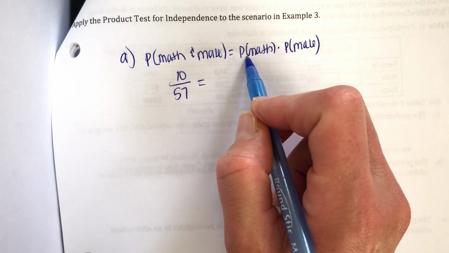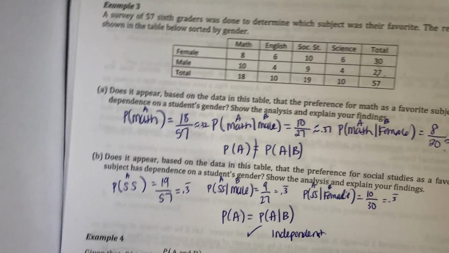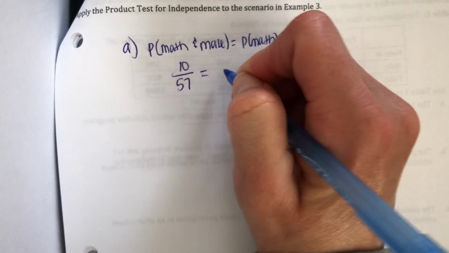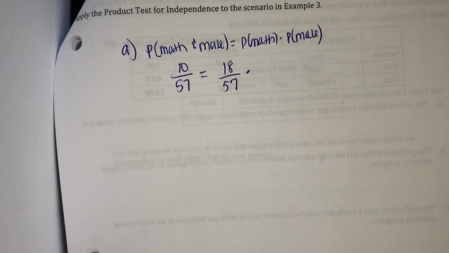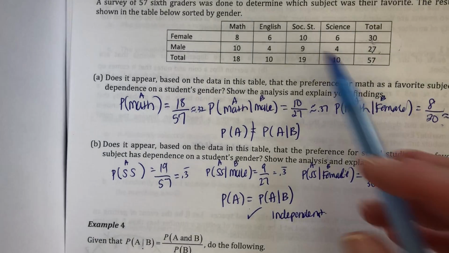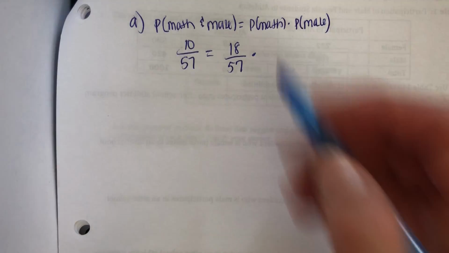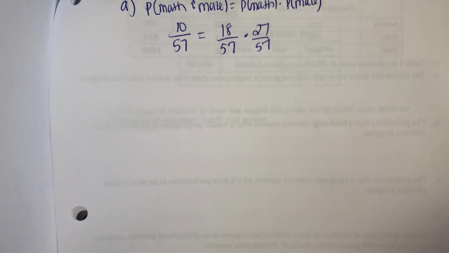And now we want to find the probability that someone likes math out of the whole chart on the previous page. We already have that number. It's 18 out of 57. Probability that someone is male. Okay, how many males are there in this whole chart? There's a total of 27 out of 57 males. And now you can just use your calculator for this next part.